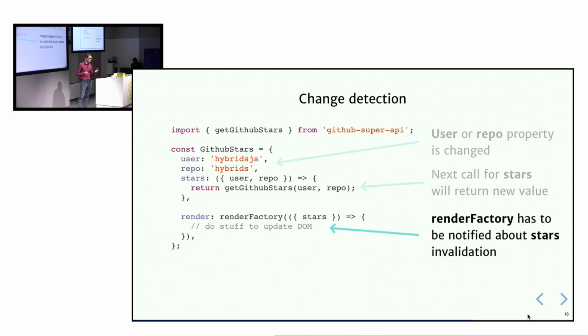We have to say that in this concept, we have some factory. You already know what a factory is. So this render factory would return our descriptor, but could also render things to the DOM using some kind of function. This thing has to be notified about stars invalidation. So what we can do, actually, is use the platform.